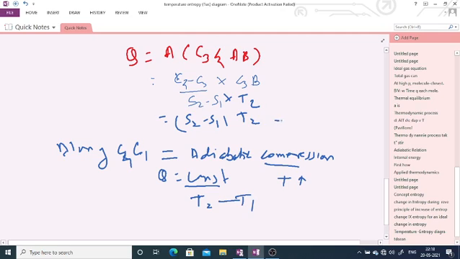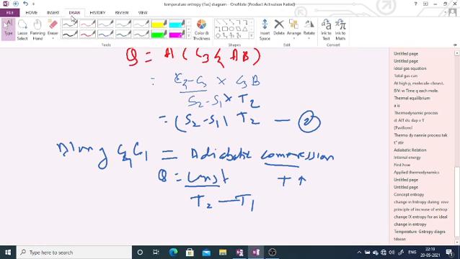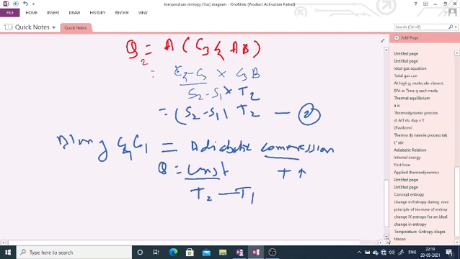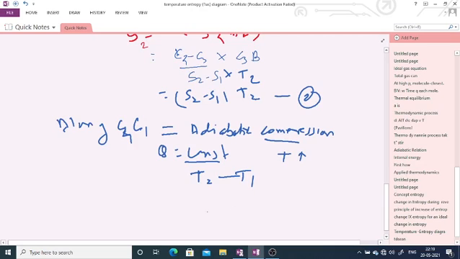So we consider these two equations, Q1 and Q2. So we get the ratio of Q2 to Q1. So we get the relation between the temperature and the amount of heat absorbed by the system.